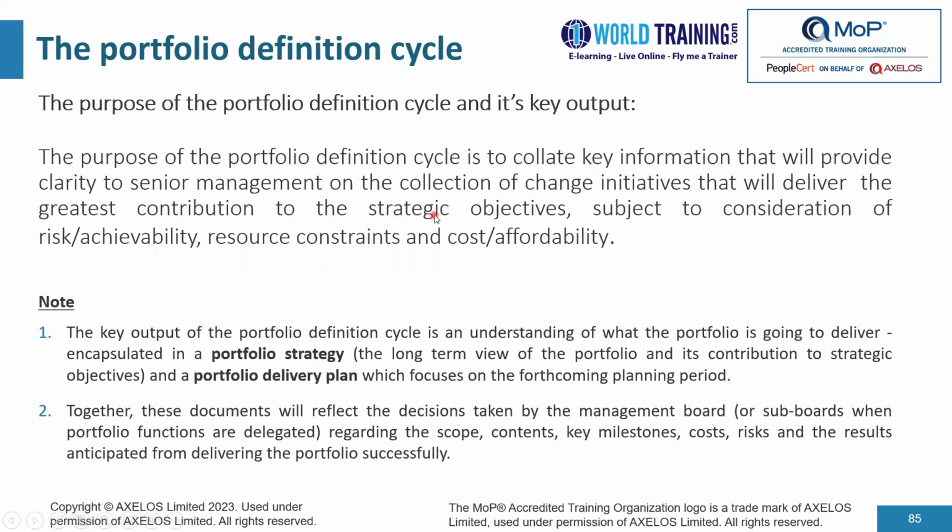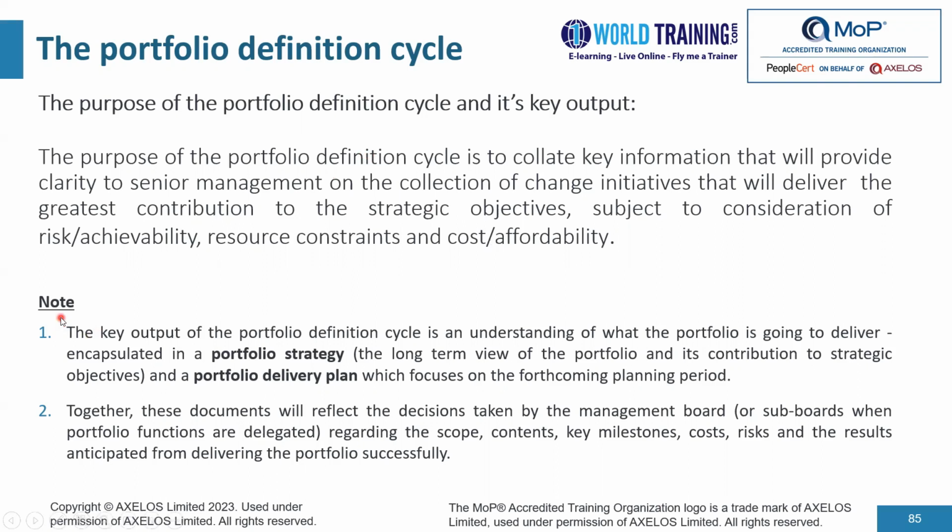And when we think about a project or a program's contribution to strategic objectives, we are looking into factors such as what is the risk of a particular investment, what are the constraints pertaining to resources, and what is the aspect of affordability. So a lot of these factors go into the effort of prioritizing those initiatives, and the definition cycle facilitates that particular process.